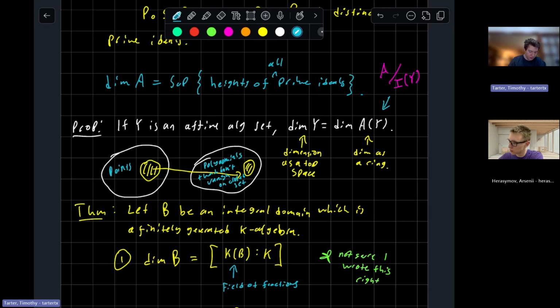And so I'm going to call these open points. So we have this implicitly geometric identification of the dimension of an algebraic set and its affine coordinate ring. We're going to talk a lot more about that distinction today.